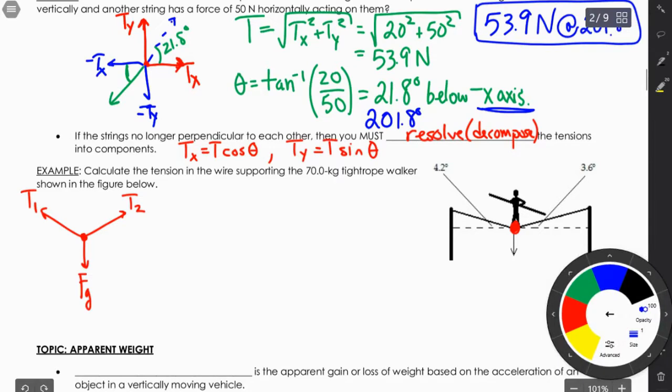Now I'm going to draw my components on my picture, but on the AP test, you can't do this. They would take off points if you did what I'm doing right now, okay? So there are my X components, okay? And then here are my Y components.